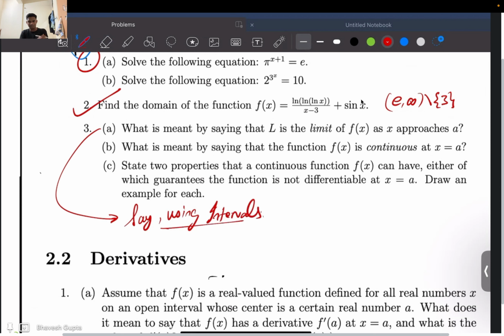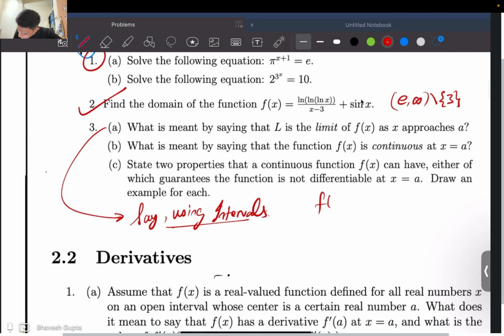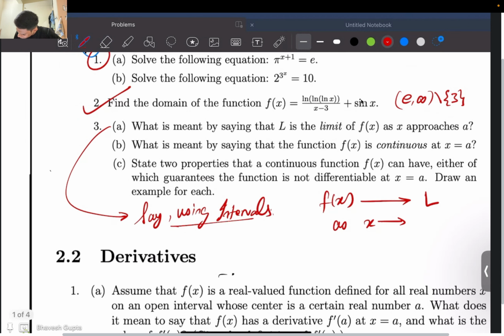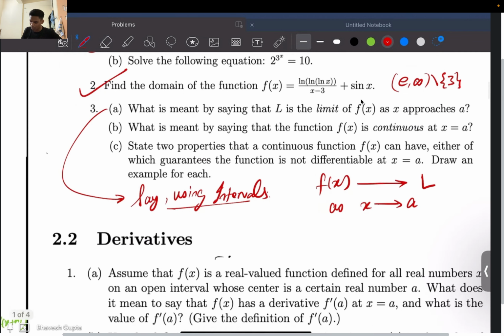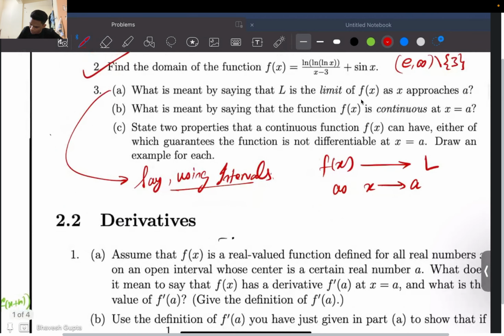When I say that f of x approaches L, I mean to say L is the limit. The limit of f of x is L as x approaches a. So you define this using the intervals and the definition which you have.